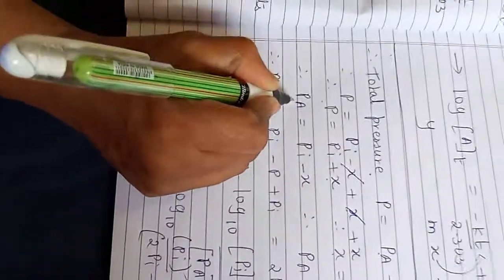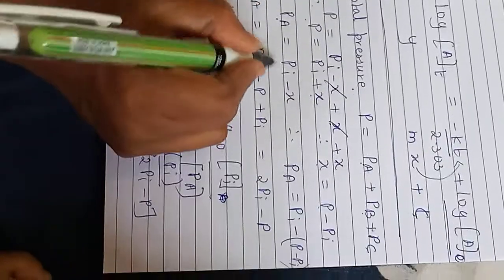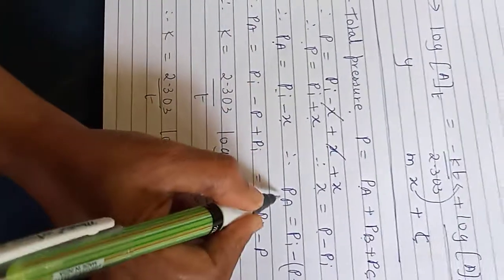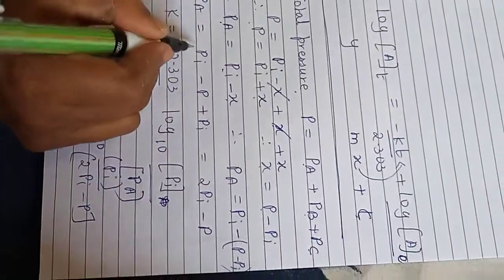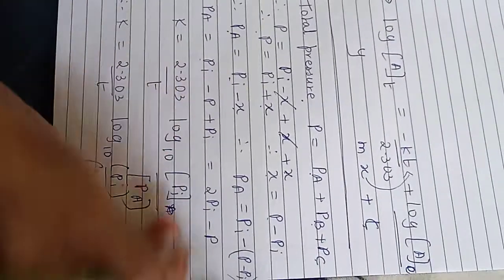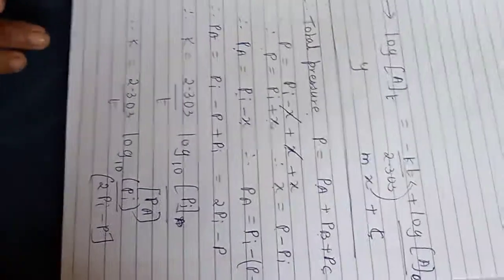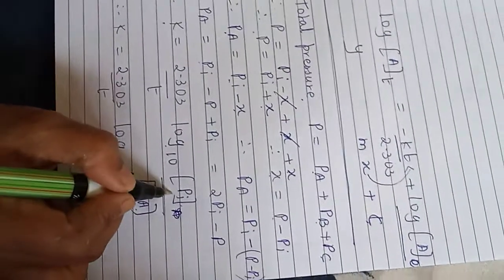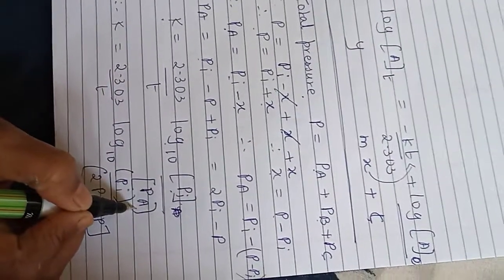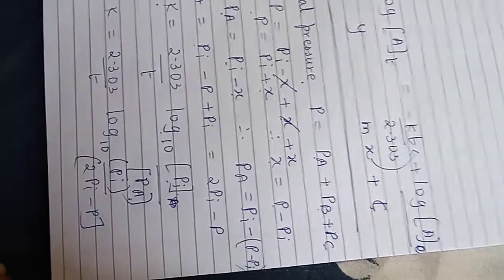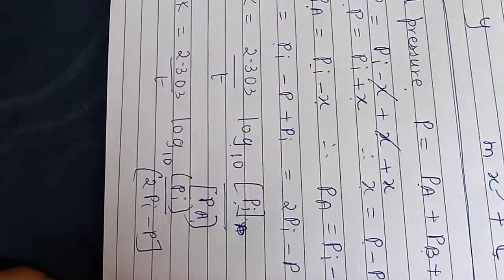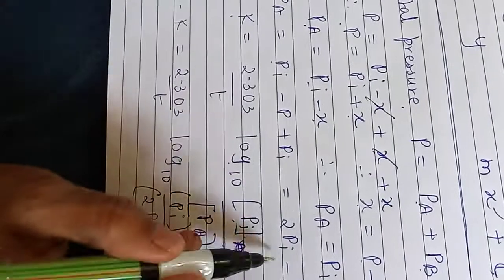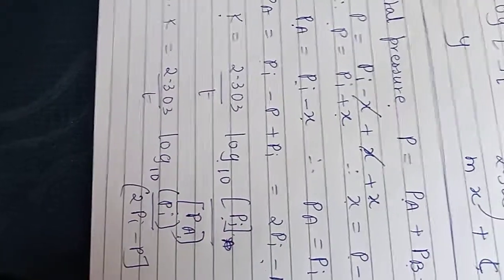Pressure of A is obviously P_i minus x, which is P_i minus (P minus P_i), so 2P_i minus P. So k is equal to 2.303 divided by t log 10 P_i divided by P_A. Initial pressure divided by the pressure of the reactant after time interval t. This is the answer, because what is pressure of A? 2P_i minus P. Ends the job.